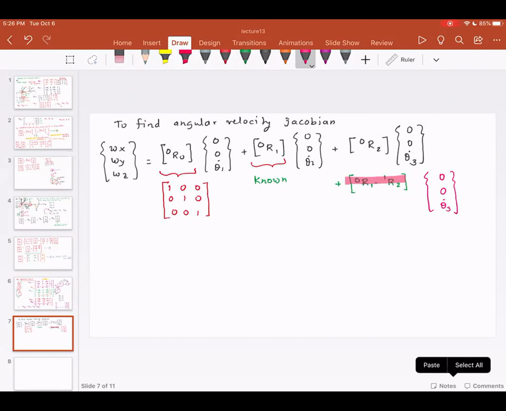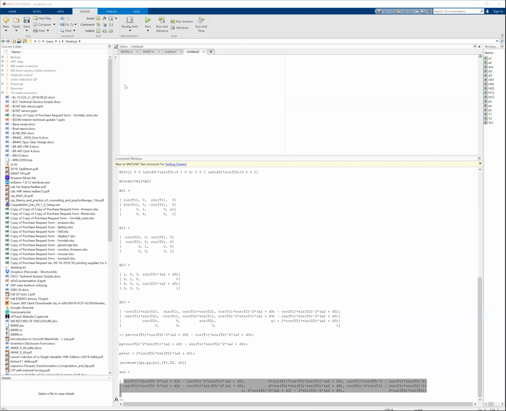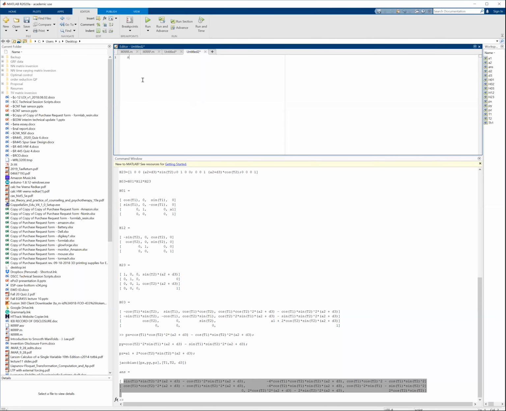Now I'm going to switch to MATLAB and work out the problem. I'm going to share my screen. And now you should be seeing my screen. What I'm going to do is define syms T1, that is theta 1, T2, that is theta 2, T3, that is theta 3. I don't need to find H01.